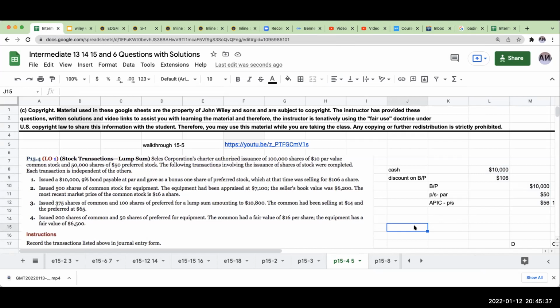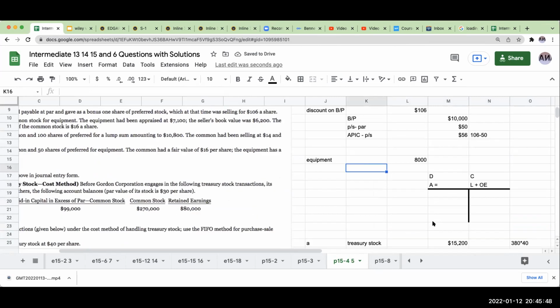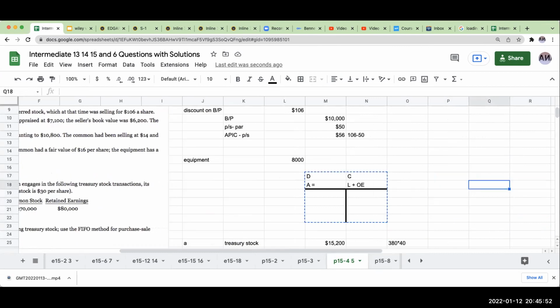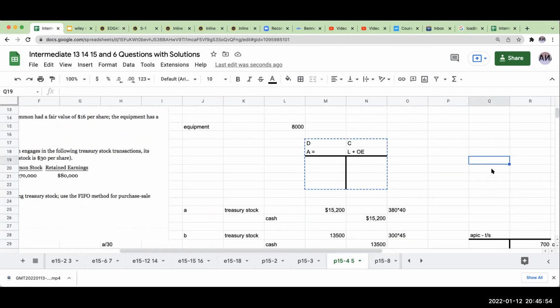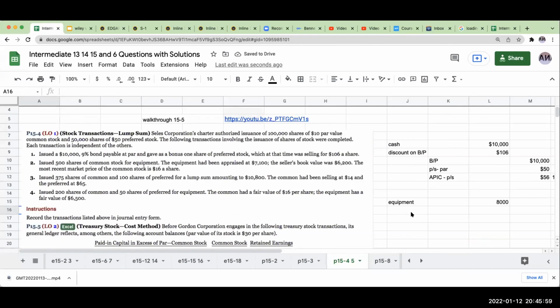So I'm receiving equipment, and the way I'm going to value that is by taking 16 times 500, for a total of 8,000. The next thing I'm going to do is record my common stock. I'm giving up common stock at par.